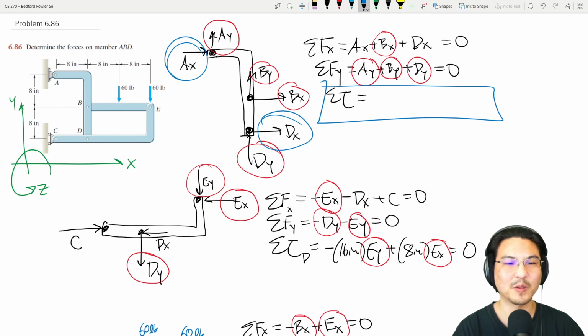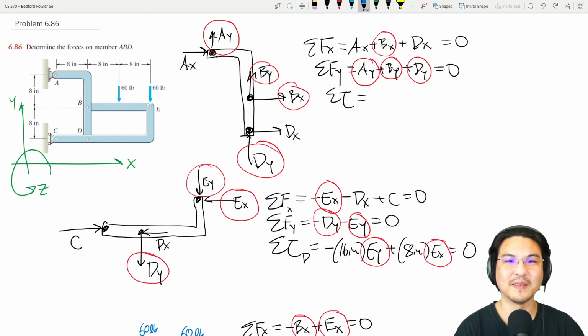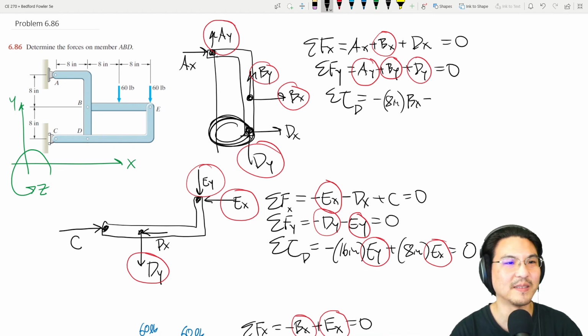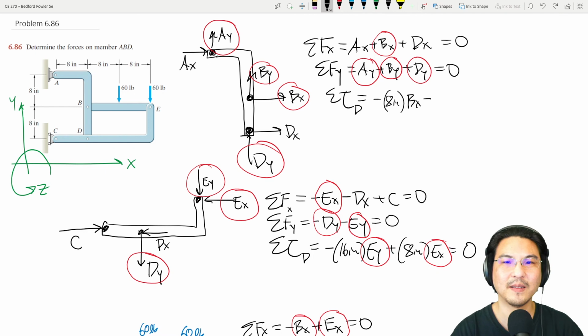So let's sum torque about somewhere clever, either at A or at D, whichever one. Doesn't matter. D. Okay, sum torque about point D. So there's torque from BX, which is in the negative direction, 8 BX, and then there's torque from AY, which is also in the negative direction. And see, here to here is 8.